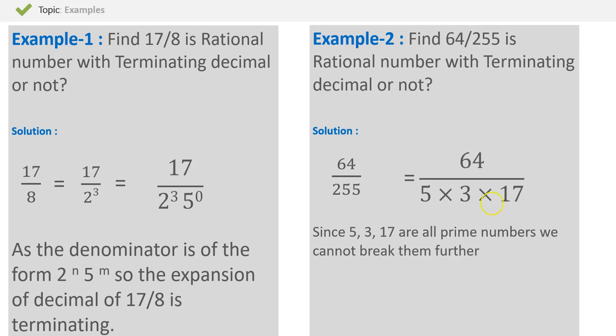And now I am at a point where q, which is 255, I'm not able to transform as 2 to the power n multiplied by 5 to the power m. And hence, if I try to find the decimal expansion of this number, I'm not going to get a terminating decimal.